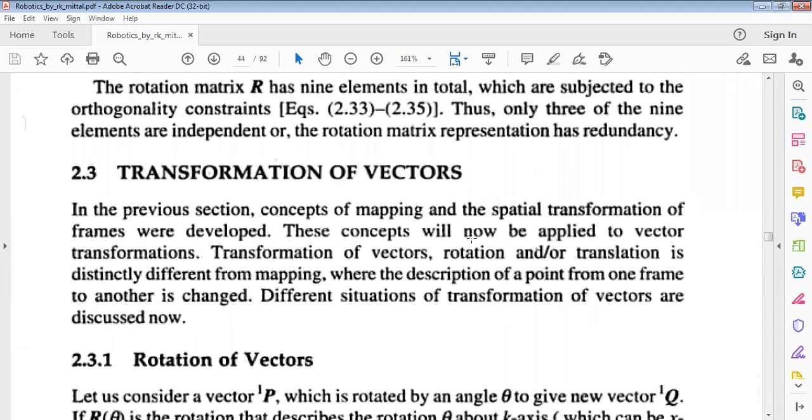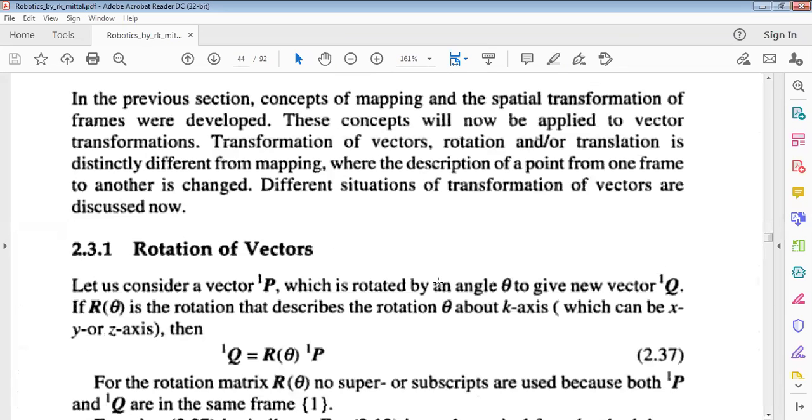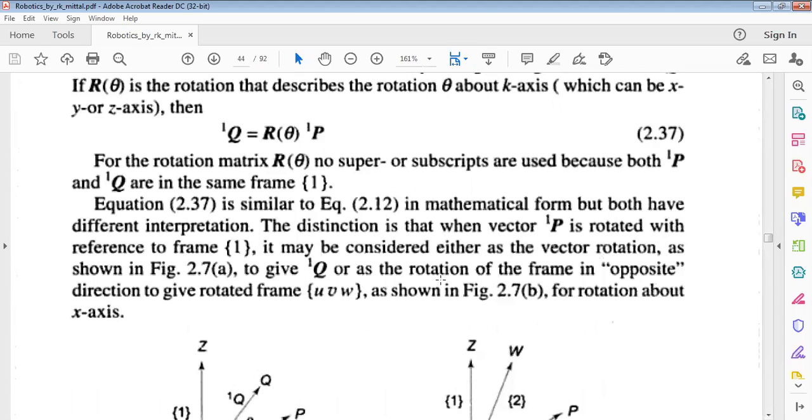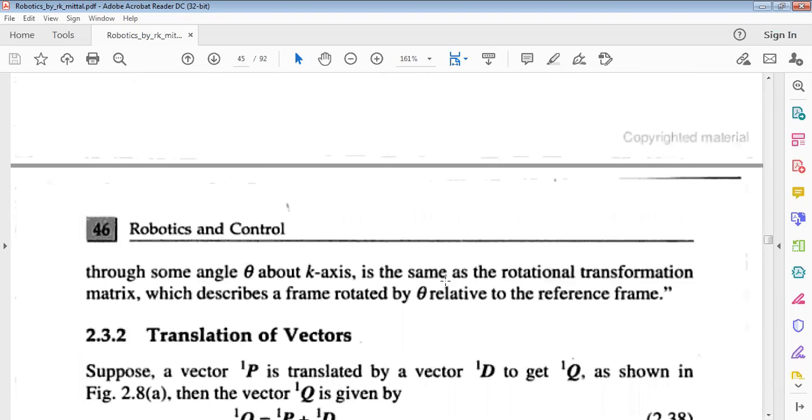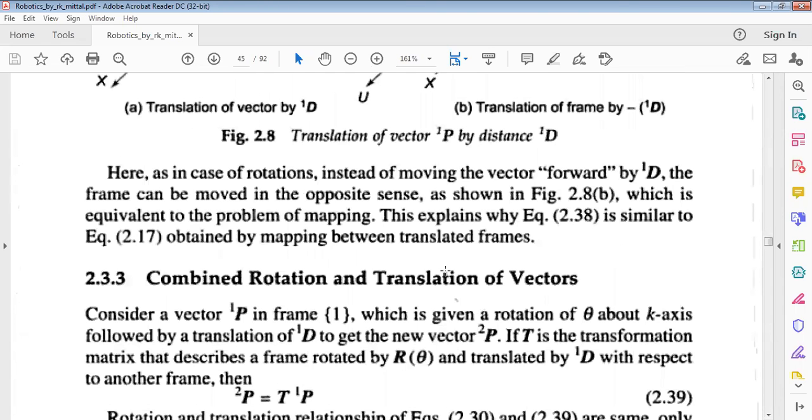And transformation of vectors is nothing but similar to transformation of coordinate frames. Okay, but the view in which we look at the rotation of a vector and of a frame is different, though mathematically the transformation is the same. So we have seen rotation of vectors, and combined translation and rotation of vectors.